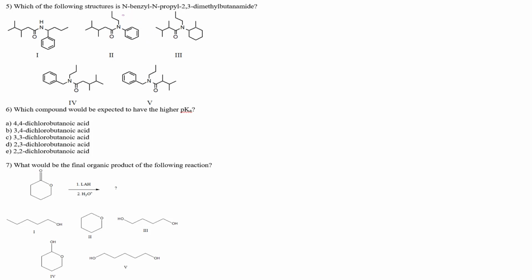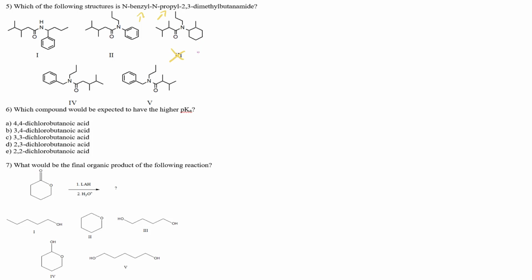Not exactly. This just means that a benzyl and a propyl are connected to the same nitrogen. So really it's saying that this benzyl is connected on a nitrogen and this propyl is connected on a nitrogen. So automatically I can get rid of 3 because this is not a benzyl. It's not even a benzene ring.